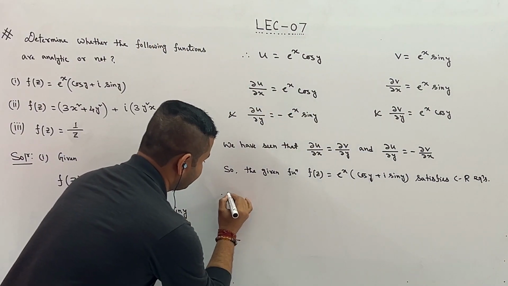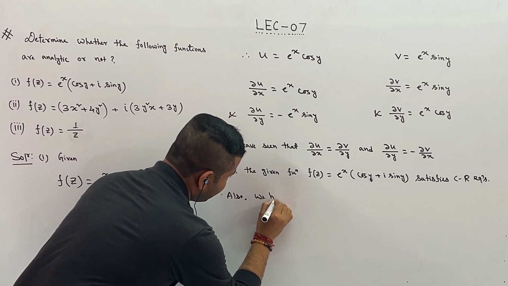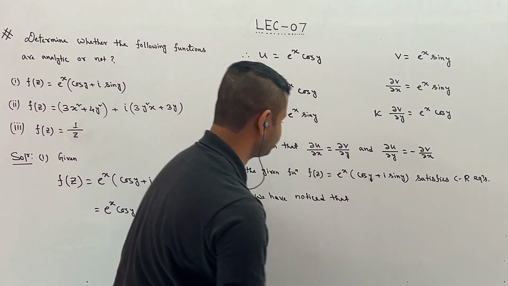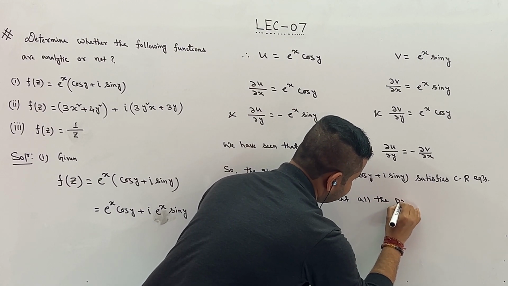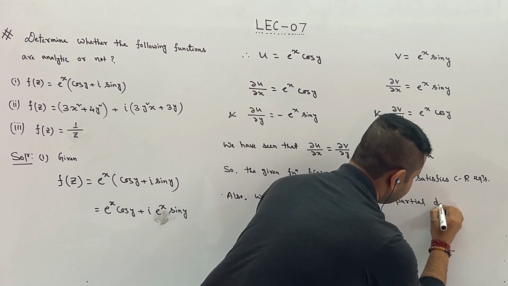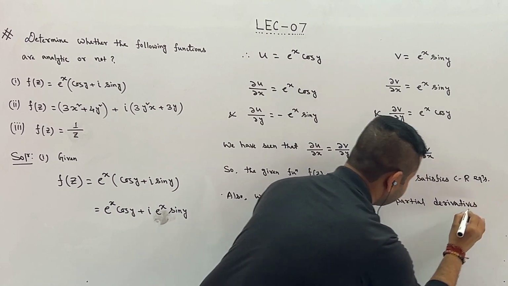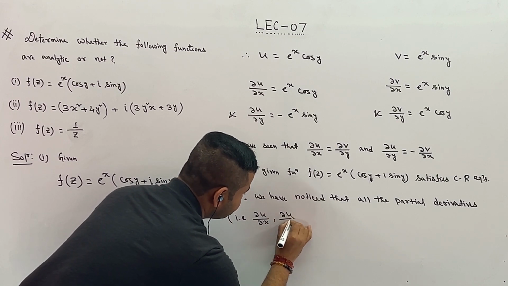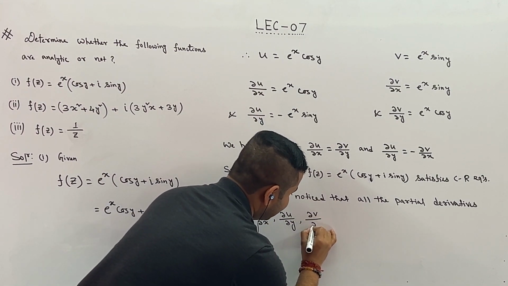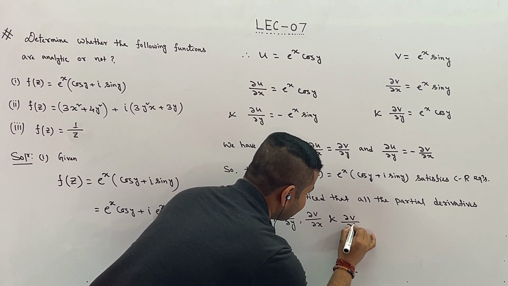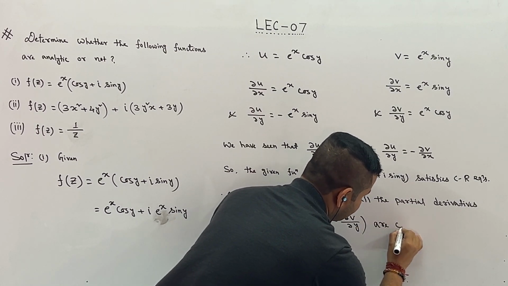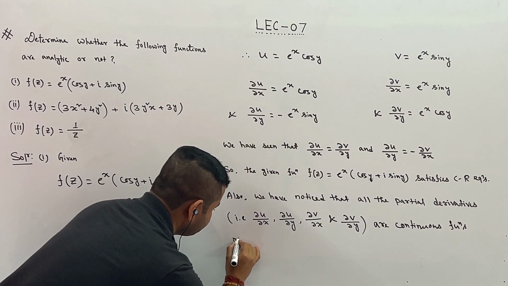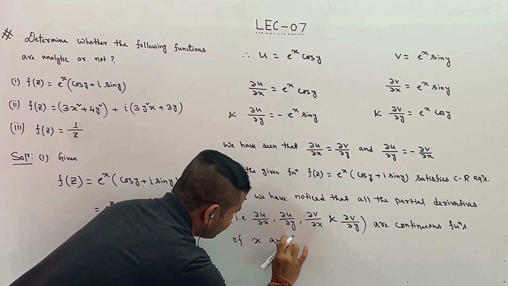Also we have noticed that all the partial derivatives, that is del u by del x, del u by del y, del v by del x and del v by del y, are continuous functions of x and y.